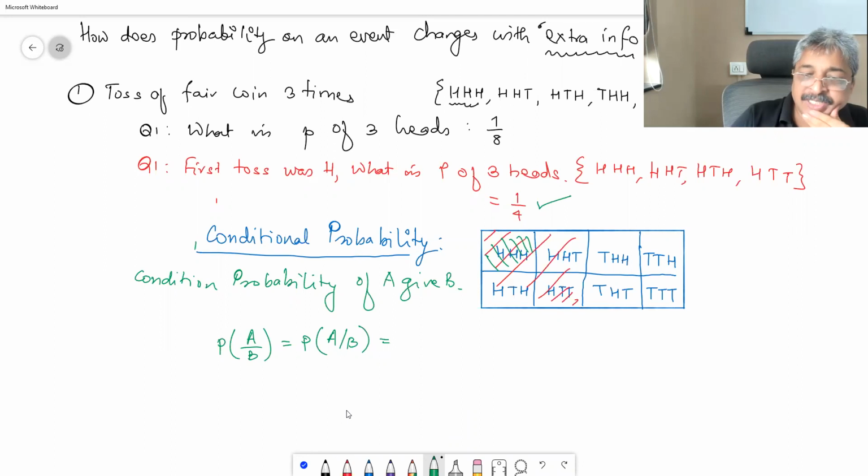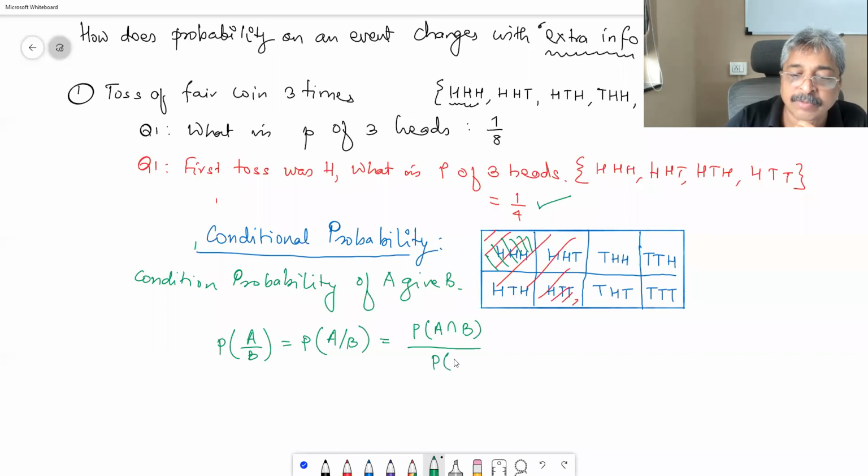So what is the formula that we would like to have here? With the example that we have in hand, probability of A given B is probability of A intersection B divided by probability of B. What was our event A in this case? Okay, let me write down the formula first and then we will discuss.